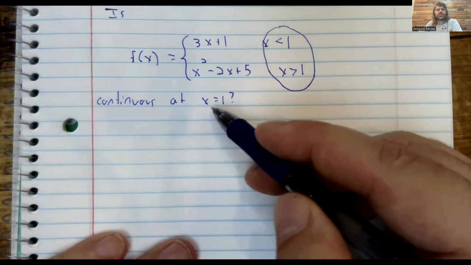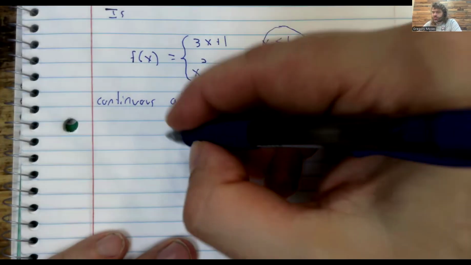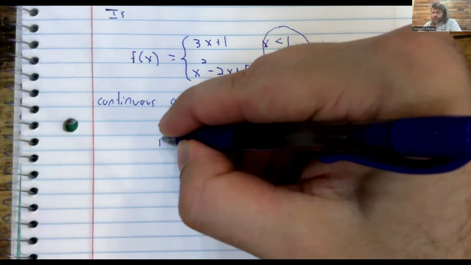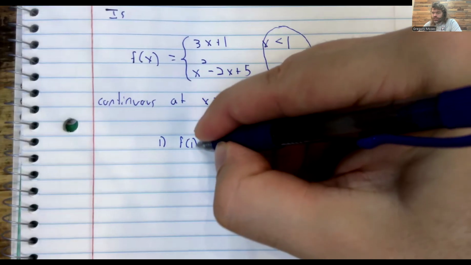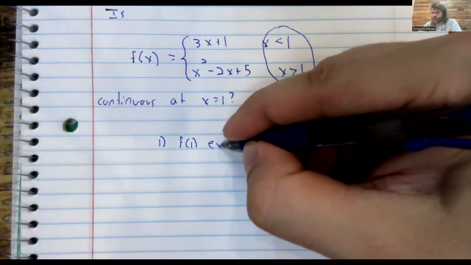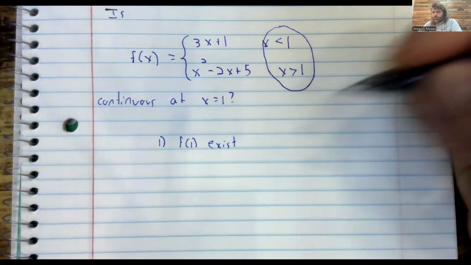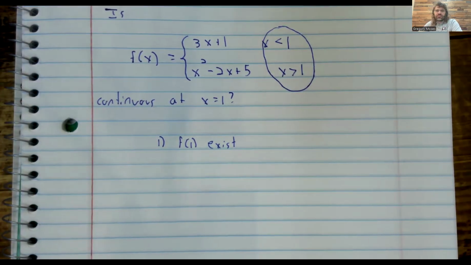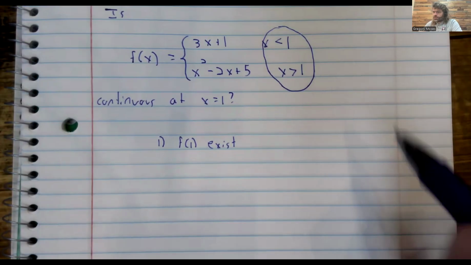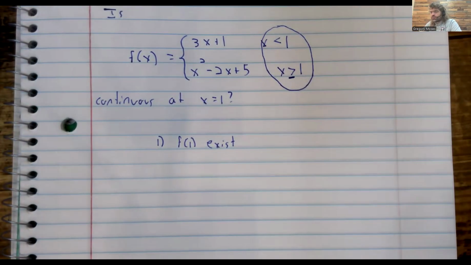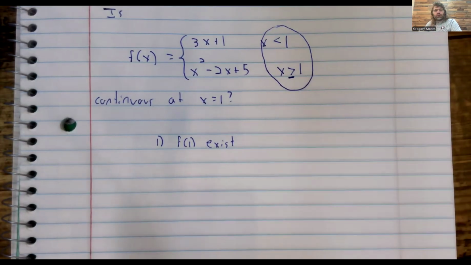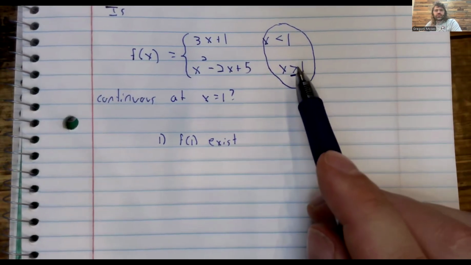So what do we need to be continuous at 1? Well, we need f of 1 to exist. So f of 1 is defined.